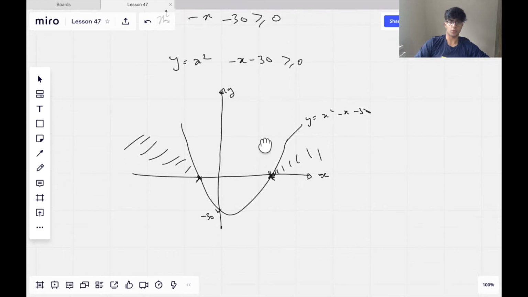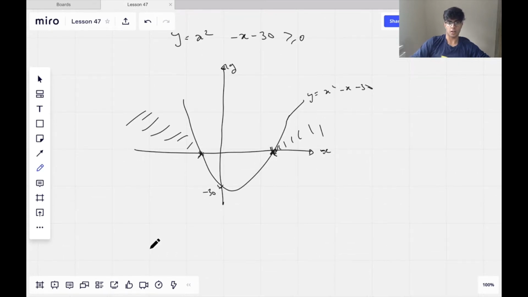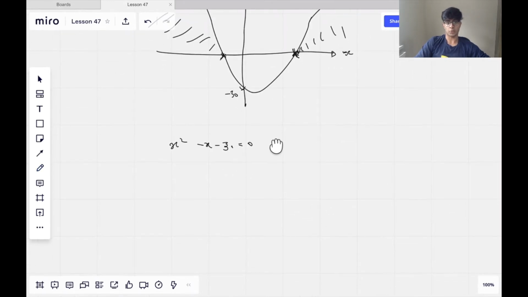We just have to solve the quadratic x squared minus x minus 30 equals 0. Remember how we do this? We factorize, so we think of numbers a and b where ab is equal to minus 30 and a plus b is equal to minus 1. Because it's minus 30, one number is positive and one is negative, and the negative number is the larger one.